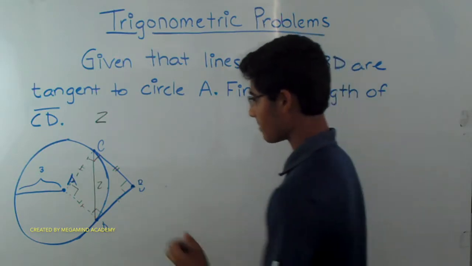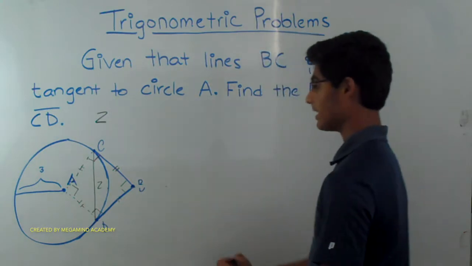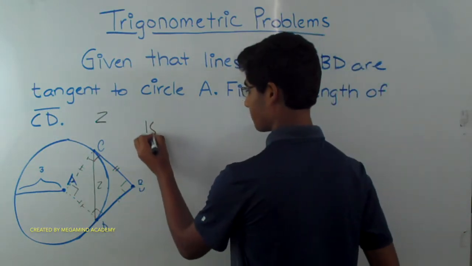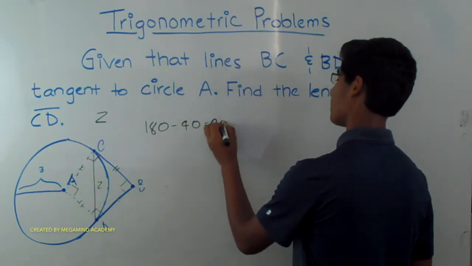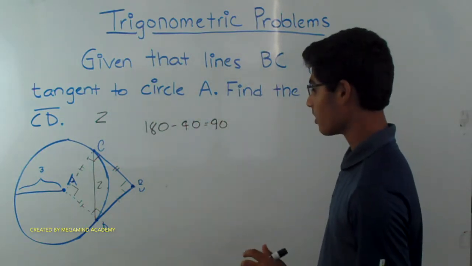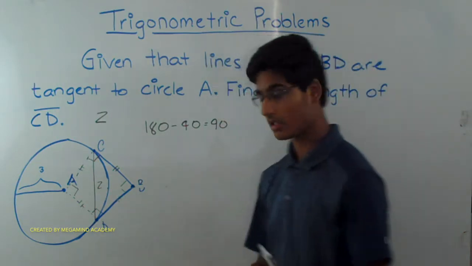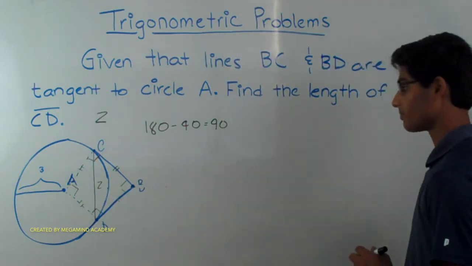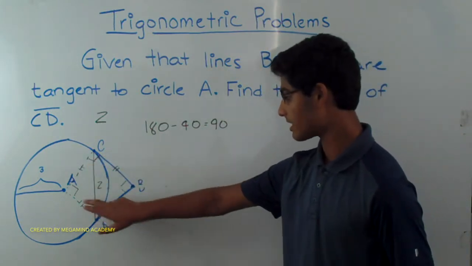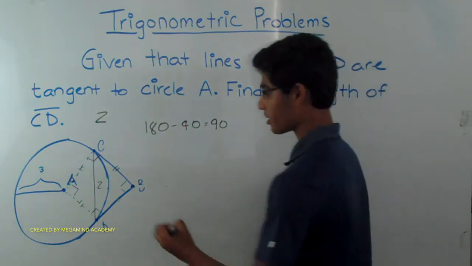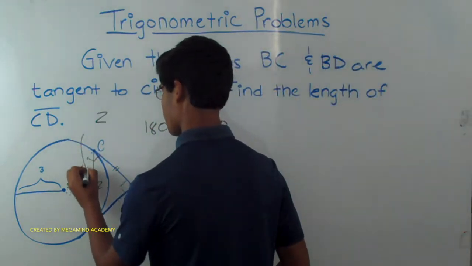That means the total measure of the other angles is 180 minus 90, which is equal to 90 degrees. So that's the total measure of this angle and this angle here. That means that the measurement of one angle is just 45 degrees.